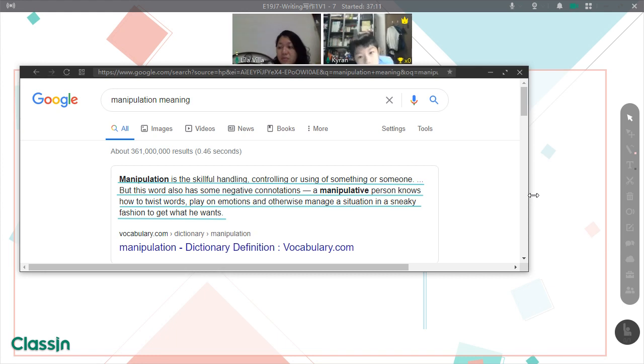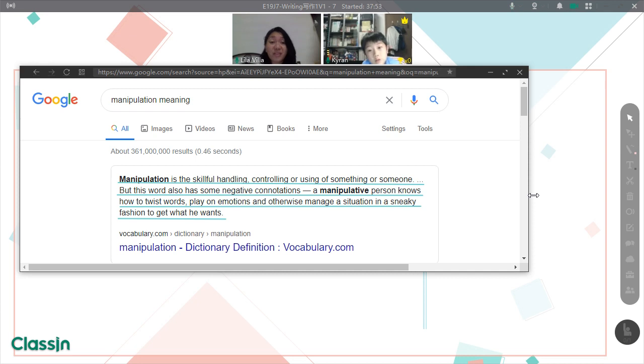So, let's see. Manipulation means skillfully controlling and using something to somebody's advantage. Somebody or something to somebody's advantage. And usually it is more negative.